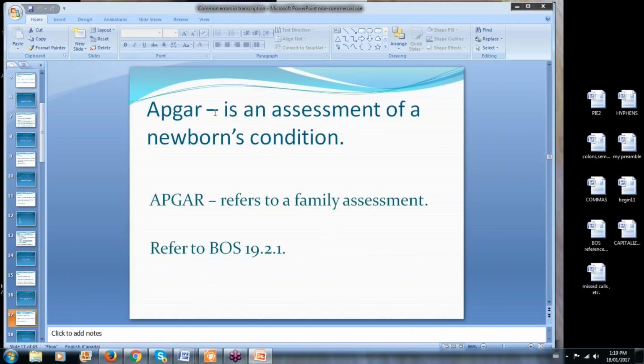Its APGAR is an assessment of a newborn's condition, where when it's all capped, it refers to a family assessment, not the newborns. So you can refer to BOSS 19.2.1 and it'll show you the difference, show you what APGAR means and when it's all capped.